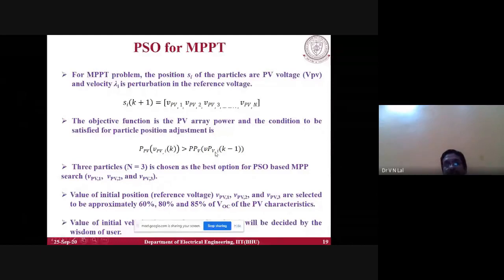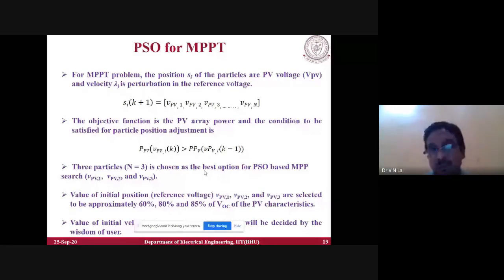That means we are getting more power by changing the particle position, so the particle position is to be adjusted. Now, if it is not more than that, if it is less, then the particle position is to be fixed as the previous particle position, VPVi at k minus 1. Clear? Okay. Now come to the actual problem, the actual case. The number of particles in PSO is very important actually.